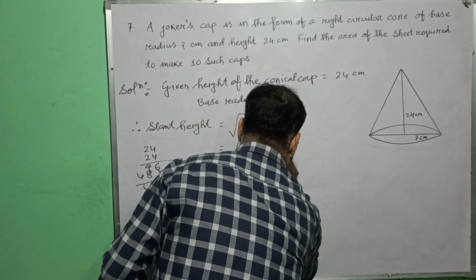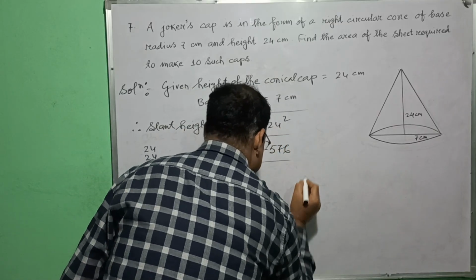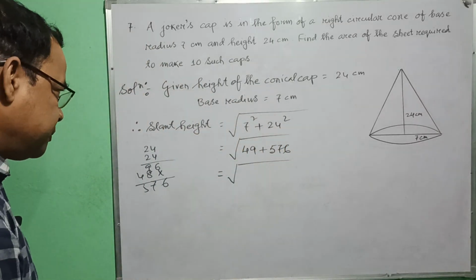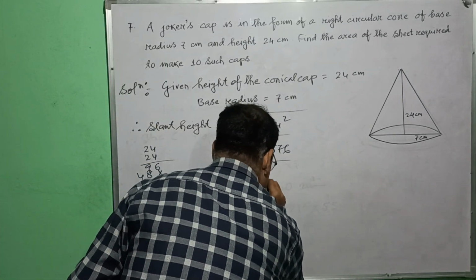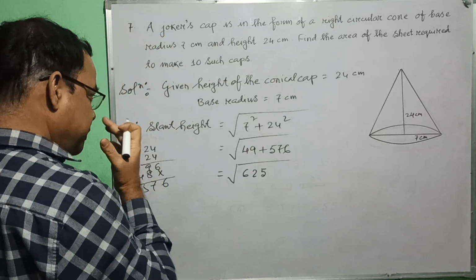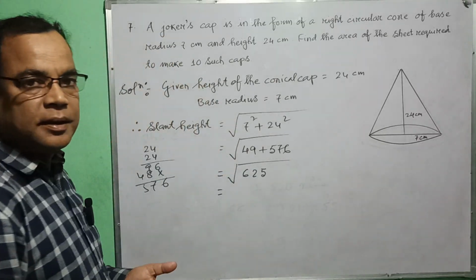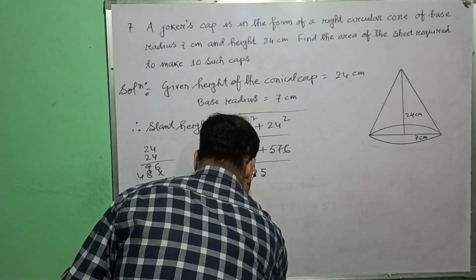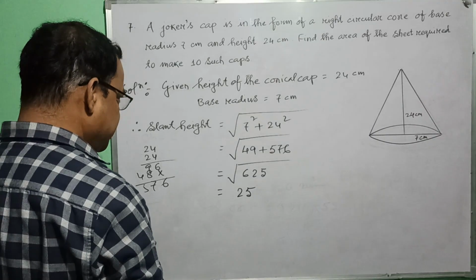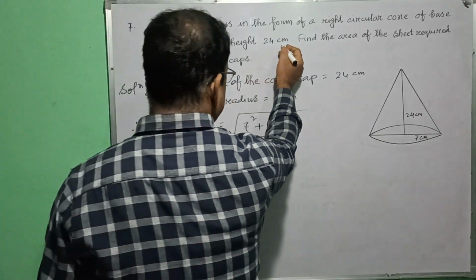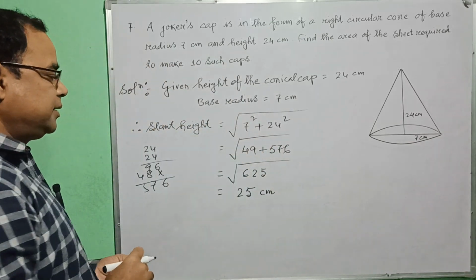So we'll write 576, equal square root of 576 plus 49 equal 625. So we know that the square root of 625 is 25. So it means the slant height is 25 centimeters. So we find the slant height.